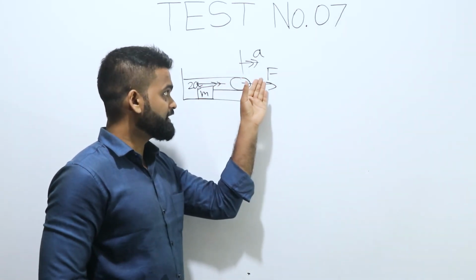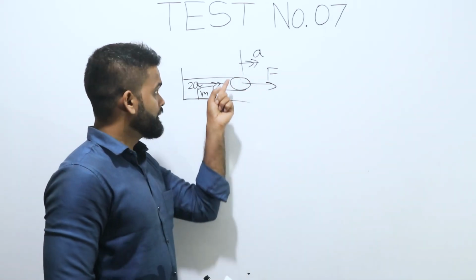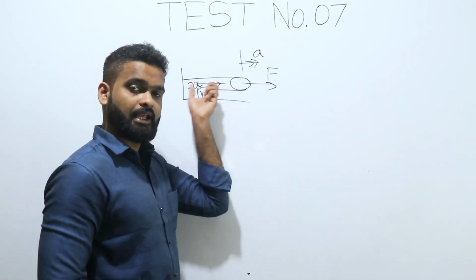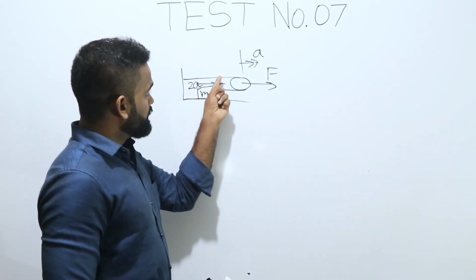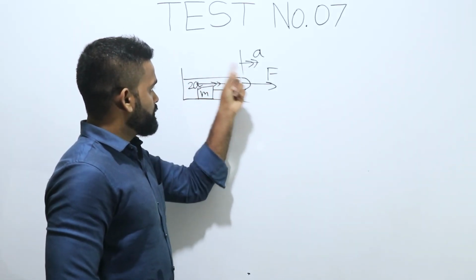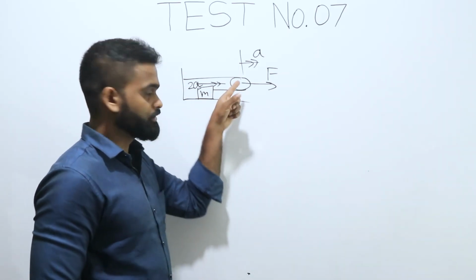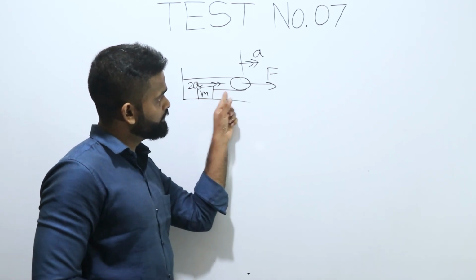If the pulley moves 1 centimeter to this side, because there's a string at both sides, parallel, this string gets shortened by 2 centimeters, because there's 1 centimeter pulling from here and 1 centimeter moving to this side.